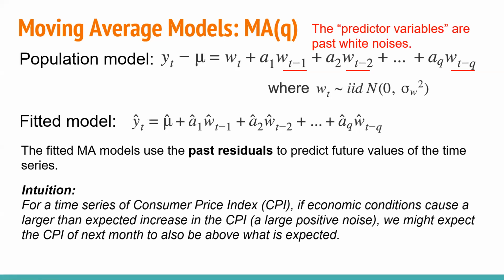Now, an intuition for a time series of the consumer price index, which is CPI: if economic conditions cause a larger than expected increase in the CPI, then we might expect the CPI of next month to also be above what is expected. I told you the other time that in my bachelor project, I worked on the effect of the consumer price index, the inflation rate, and the exchange rate on the gross domestic product.